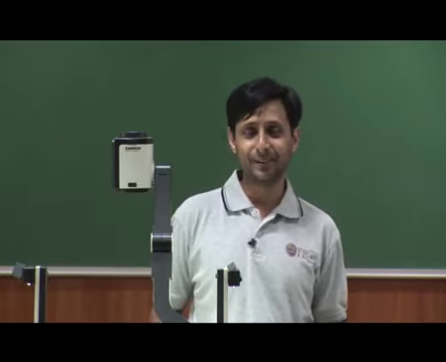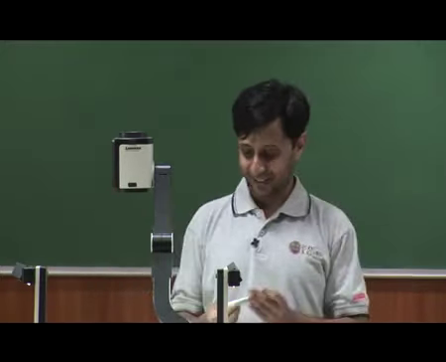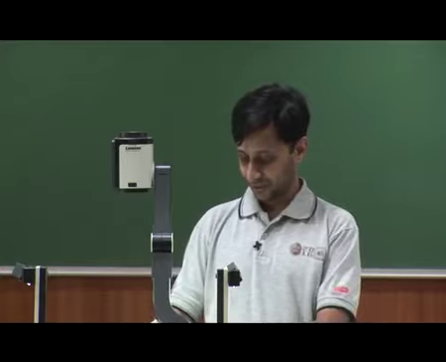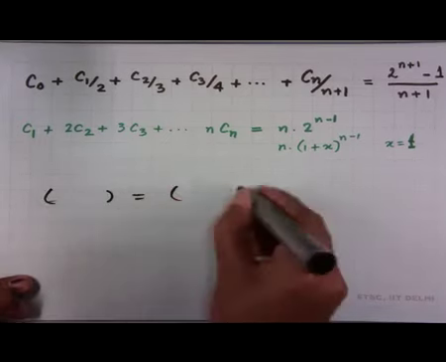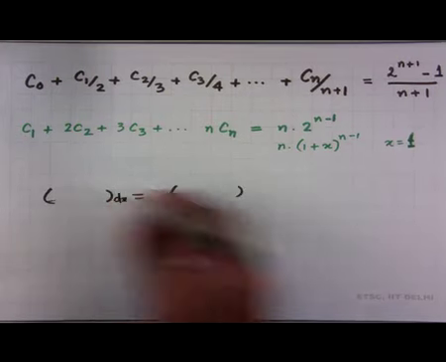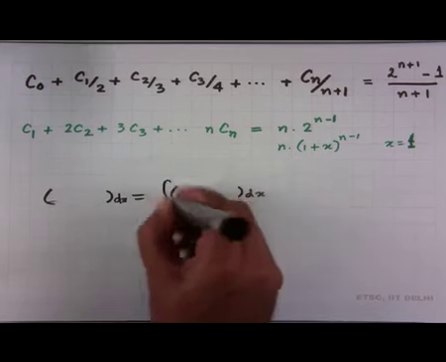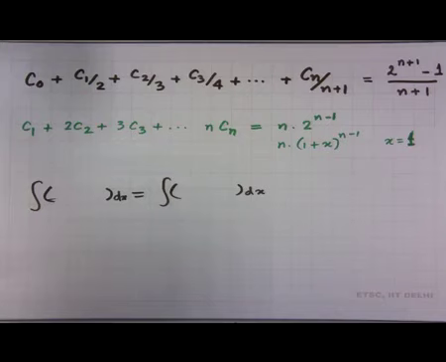Why is it annoying? Because if I have some equation, some identity, and I just multiply both sides by dx and do an integral, will the two answers necessarily be equal?